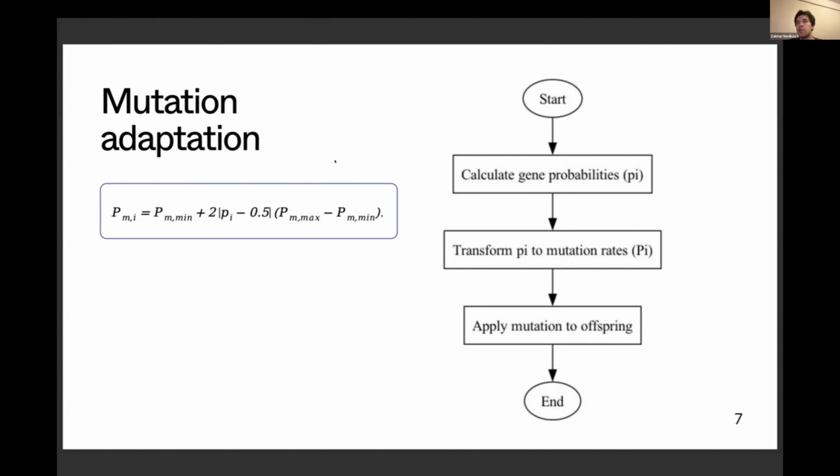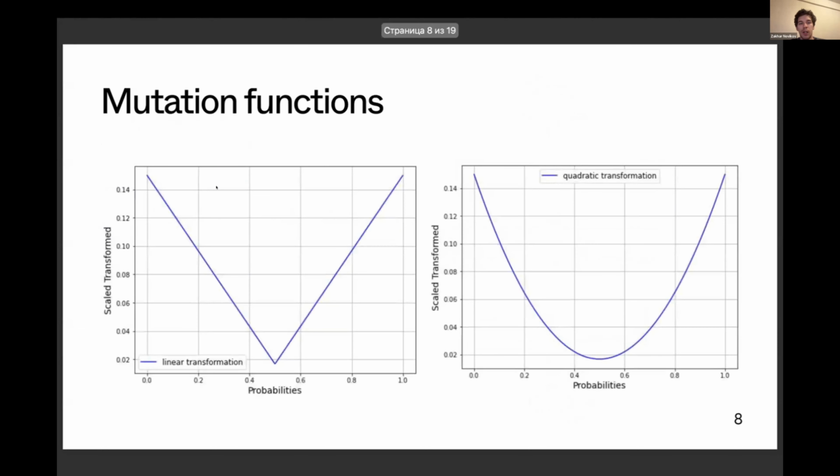On the other hand, if the probability is closer to 0 or 1, indicating low variability, the mutation probability should increase to maintain diversity and prevent stagnation. Additionally, this transformation ensures that mutation probability stays within a defined range between minimum and maximum mutation rate to balance exploration and stability of the algorithm, so the mutation would not be equal to 0, for example, or 1.